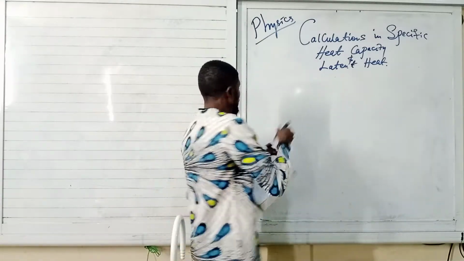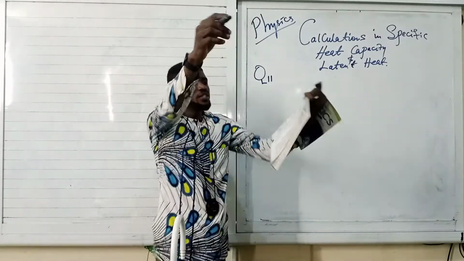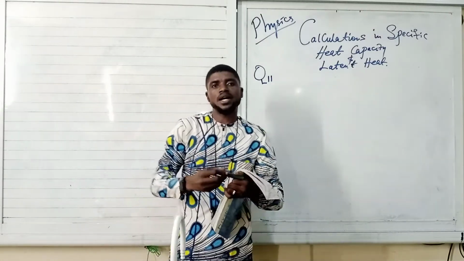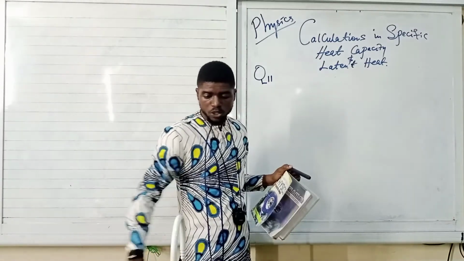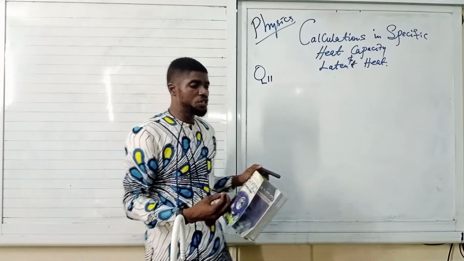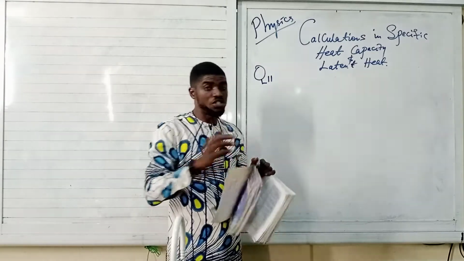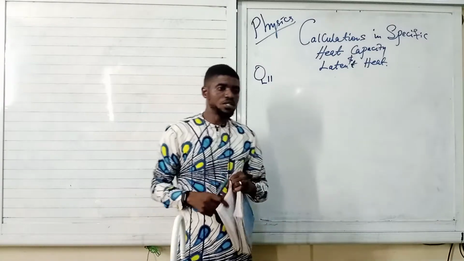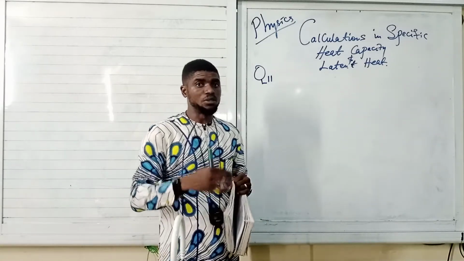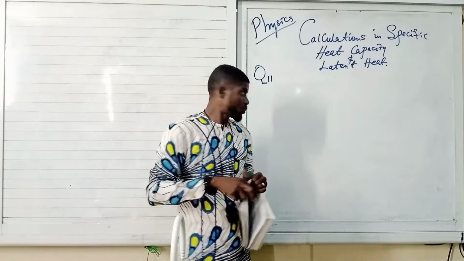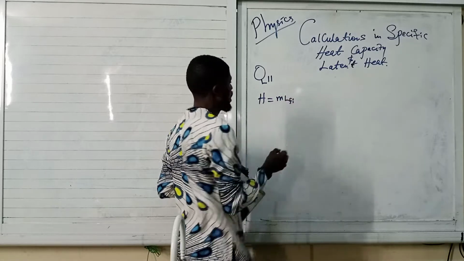The specific latent heat of fusion is defined as the quantity of heat energy that is required to change a unit mass of a substance from its solid state to liquid state without change in temperature. And the SI unit for the specific latent heat of fusion is joule per kilogram, from the equation H = mL.